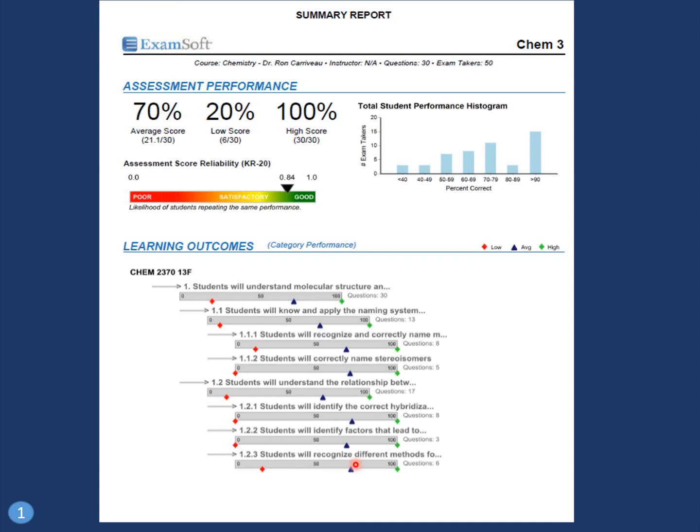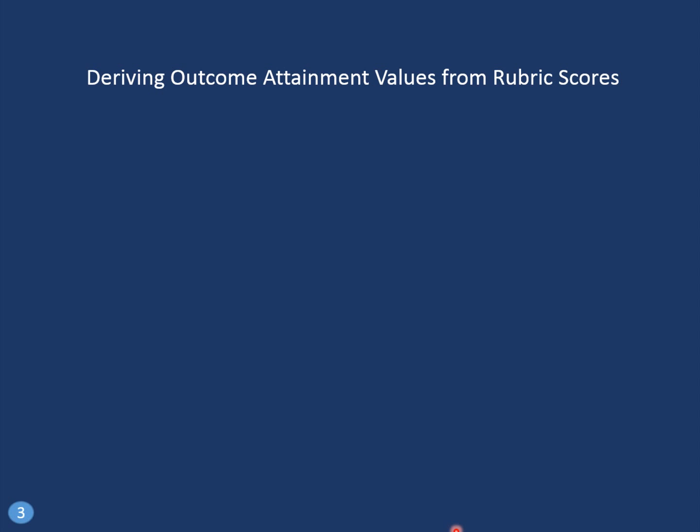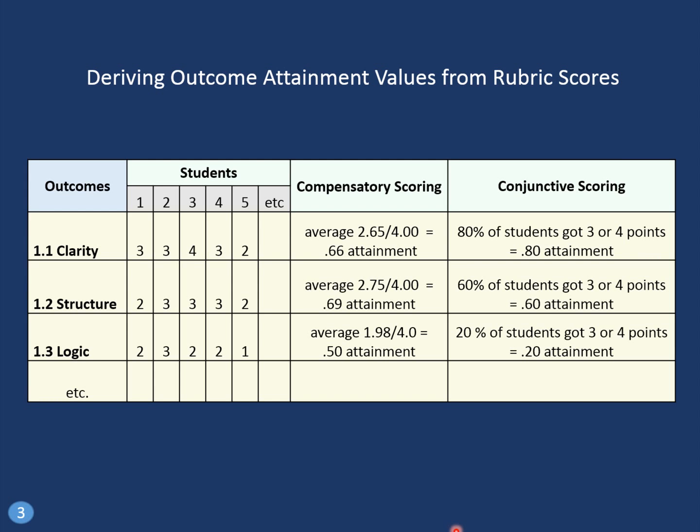So this is a summary report that an instructor would get on a specific assessment, and you can see the student performance issues and opportunities, and then the learning outcomes, the attainment values in essence, but presented in a way that's graphically helpful: low, average, and high. It's another presentation of the criteria versus attainment data that we've seen. So that said, Ron, you want to talk a little bit about rubrics?